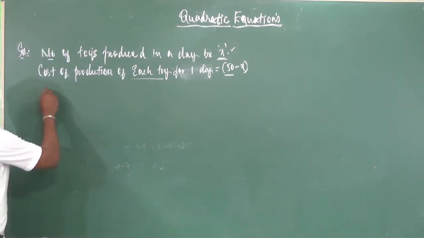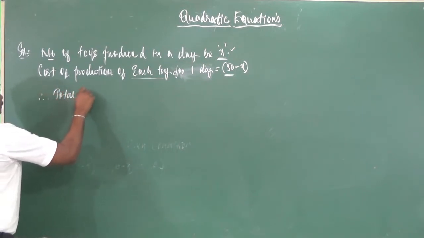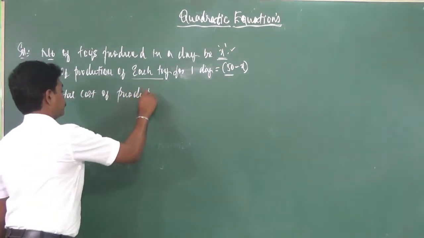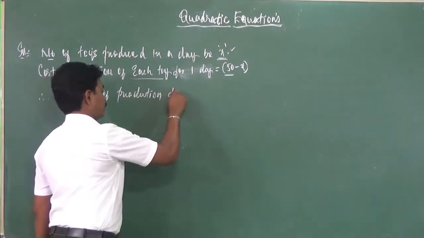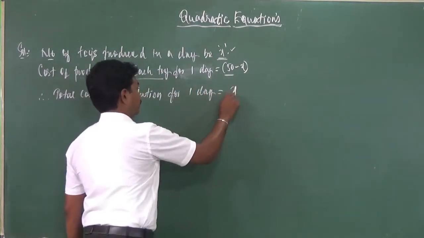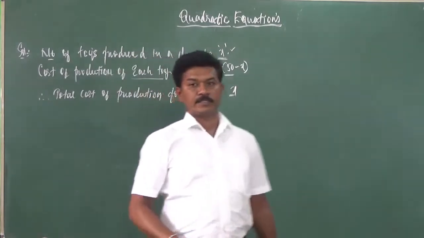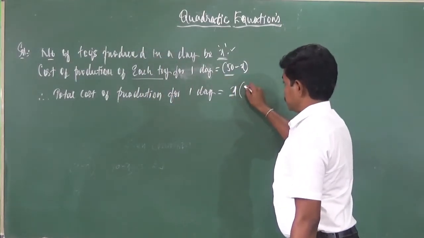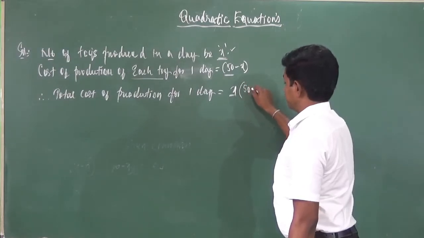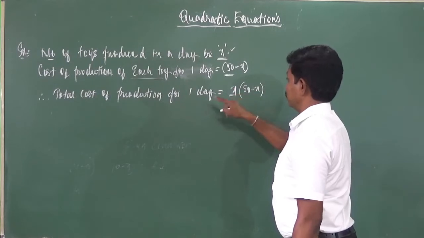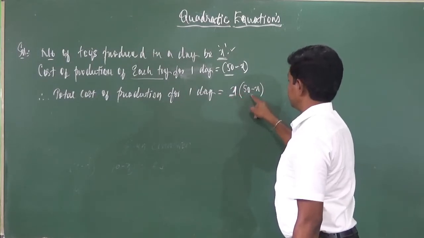So total cost of production for one day: for one day you have produced x number of toys, and for each toy the cost of production is 55 minus x. So for one day total cost of production will be x into 55 minus x.